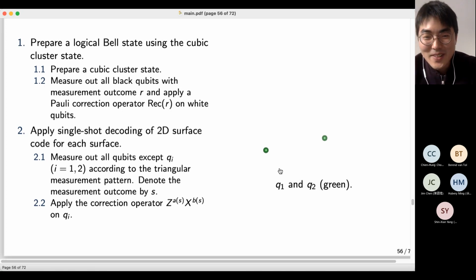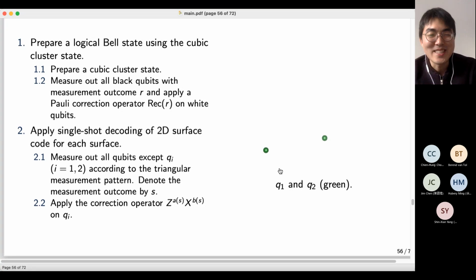That's the protocol. But at this stage, are you doing this many times so you can correct it, or do you just go through once and decide which operator to apply to correct them? Yes, this is a single shot. We only measure all the qubits.